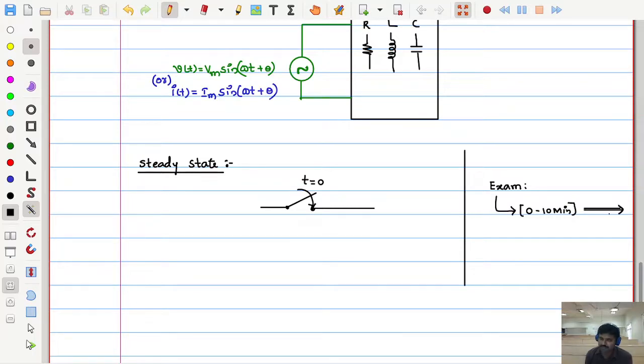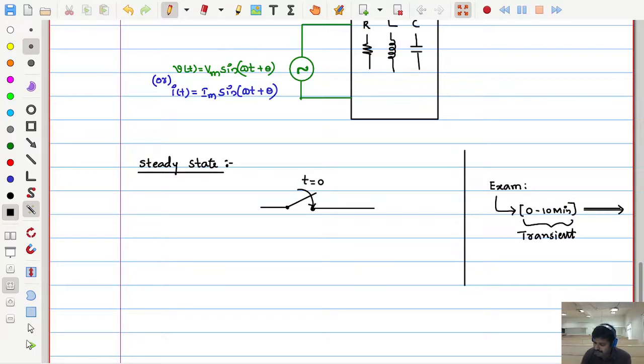This initial duration we call the transient situation. Transient means a sudden change. Previously you hadn't entered the exam hall, and suddenly you entered the exam hall environment, which creates a different environment for your brain suddenly.